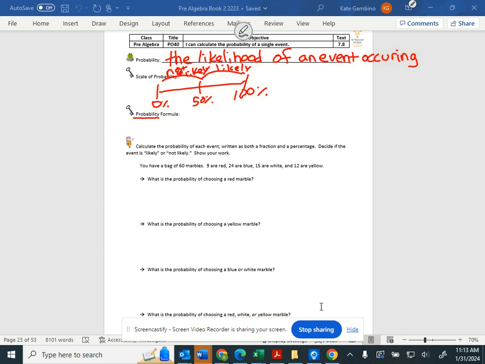So the probability formula is what you want to happen divided by what could happen.